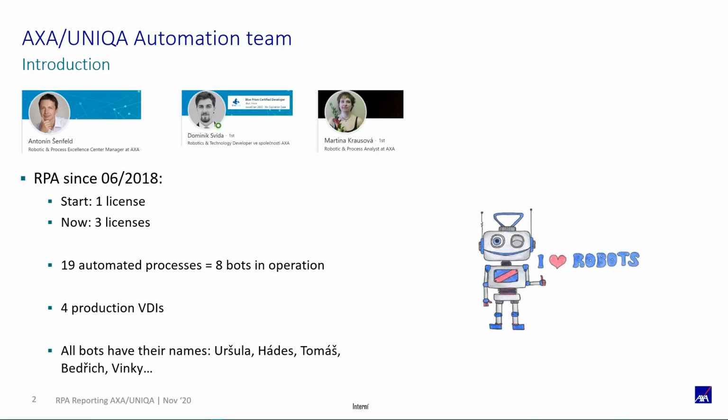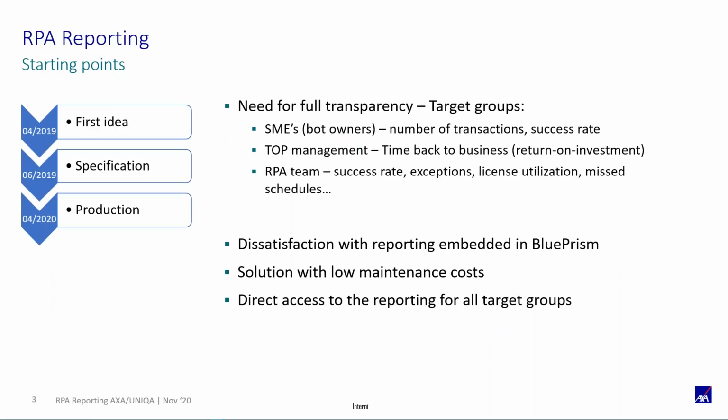And we are naming each of the bots by human names to be attractive to their human collaborators. Running currently on 4 VDIs and providing roughly business benefit of 8 FTEs. So these are the basic metrics, and now we can jump to RPA reporting.